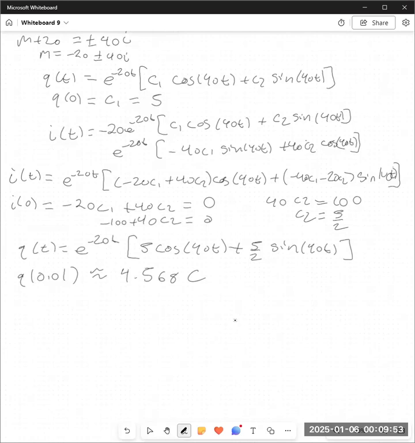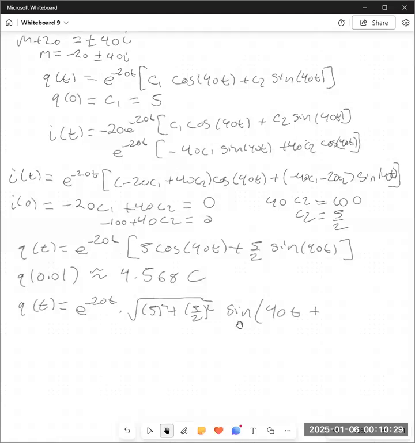I went ahead and converted this into the other form that only has sine in it by making Q of t equal to e to the negative 20t times the square root of 5 squared plus 5/2 squared times sine of 40t plus arctangent of 2.